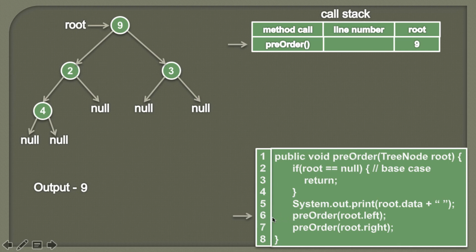So currently from line 6 we are calling this pre-order, therefore we will keep track of this line number. So here we have stored the number as 6. And now we will again call the pre-order method and we'll pass root.left to it, which is nothing but the node 2.